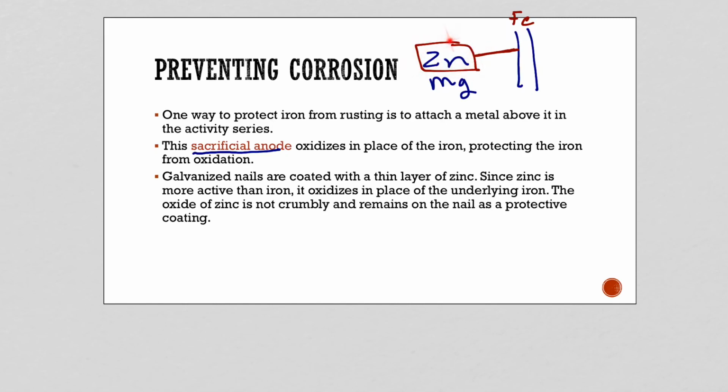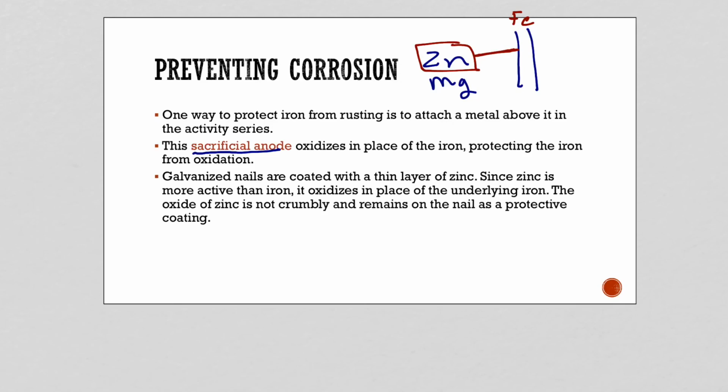And so as long as this zinc is present, this iron will not undergo oxidation. So that metal that is higher in the table, more easily oxidized, will sacrifice itself so that the iron doesn't become oxidized. And so we can do this, again, with large structures.